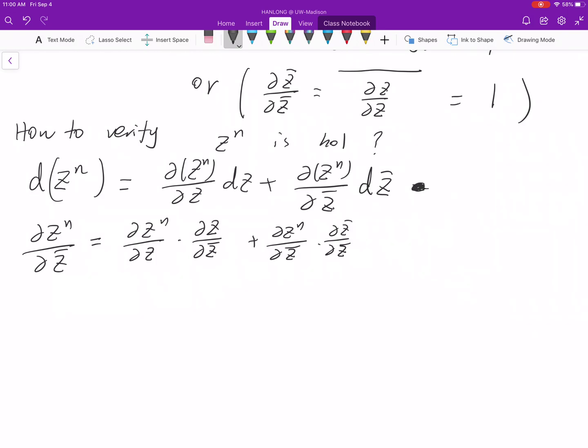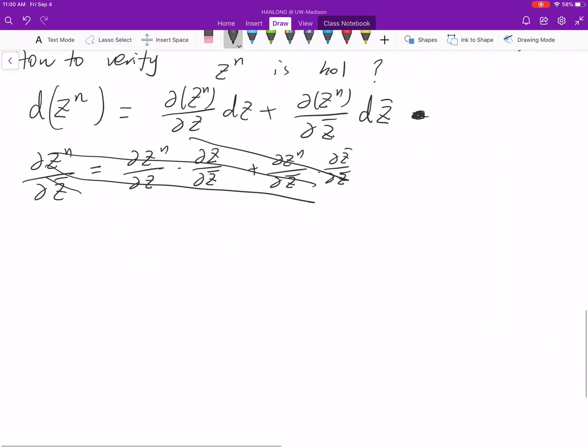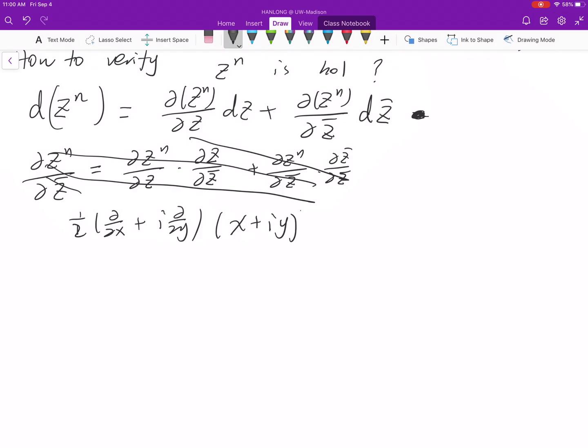Anyhow, if you're not familiar with this, you can just use the definition, partial x plus i partial y, applied to (x plus i y) to the nth power, and then use the chain rule.